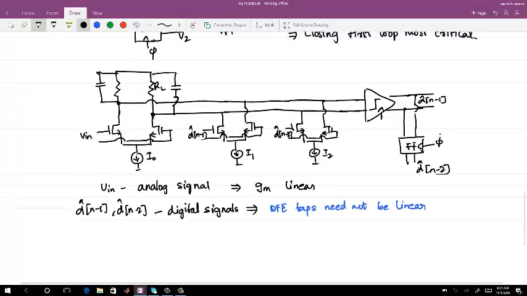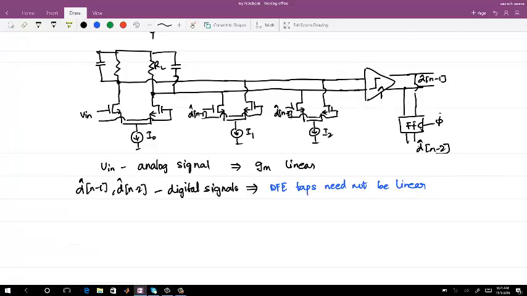In this case, if linearity becomes an issue, what can we do for the first cell? For the GM cell, if the linearity is becoming an issue, what is the easiest way to make it more linear?